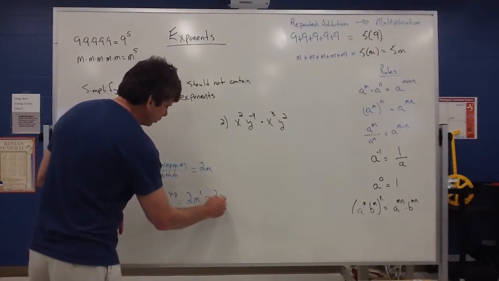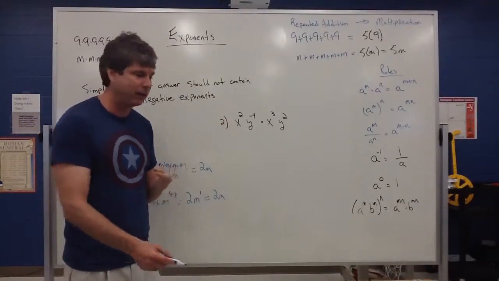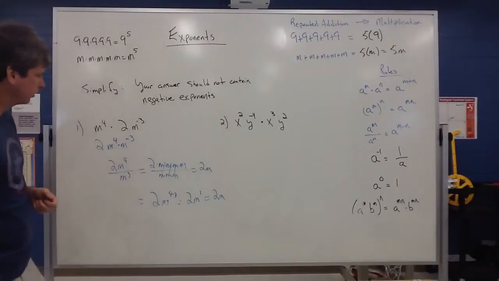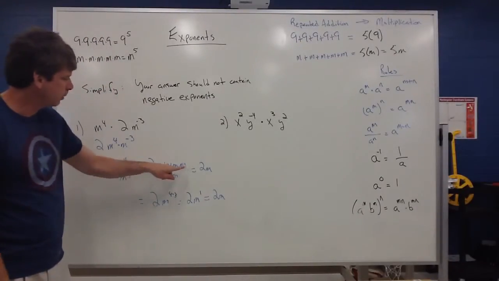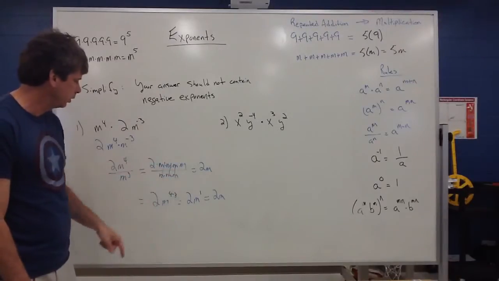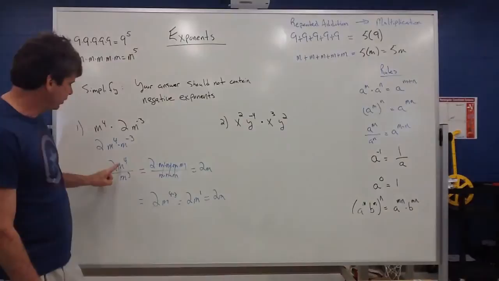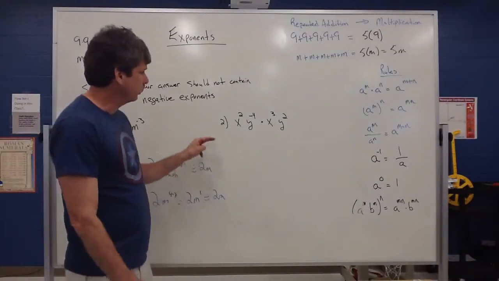But we really don't have to write m to the first power because anything to the first power is just that thing. So I can just write that as 2m. So that would be my simplified answer. Okay, so one way is I could break it down in this type of process, divide out the m's, or I can apply the rule that says if I have division, I'm allowed to subtract those exponents to get the answer. Let's look at this next example.